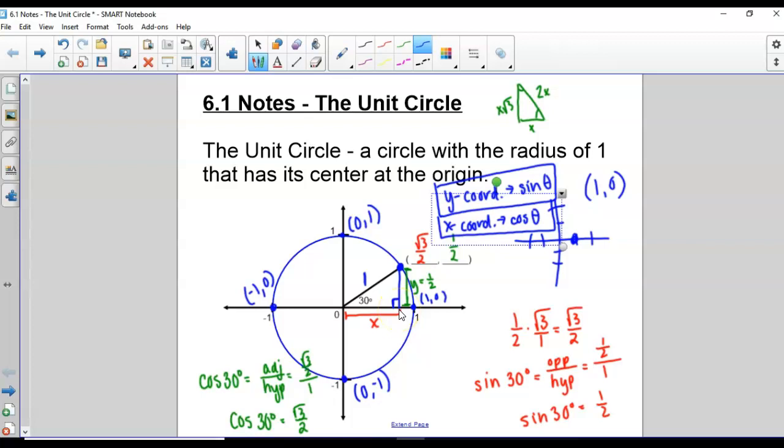And so I'm going to go ahead and give you a blank unit circle here. And I made it a different color because we use this quite a bit. There's several different things that we do so you can find it easily.